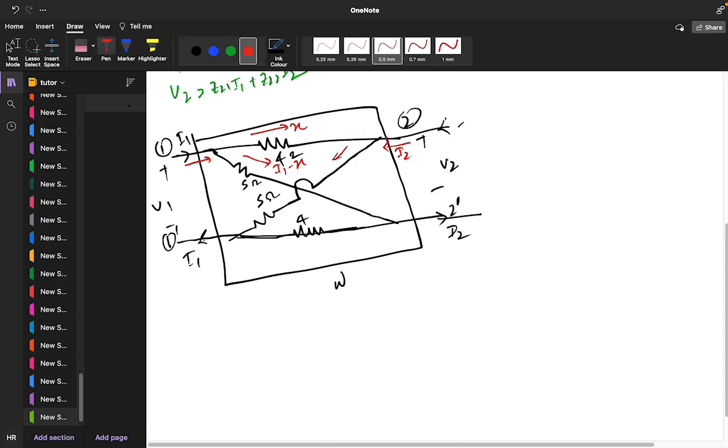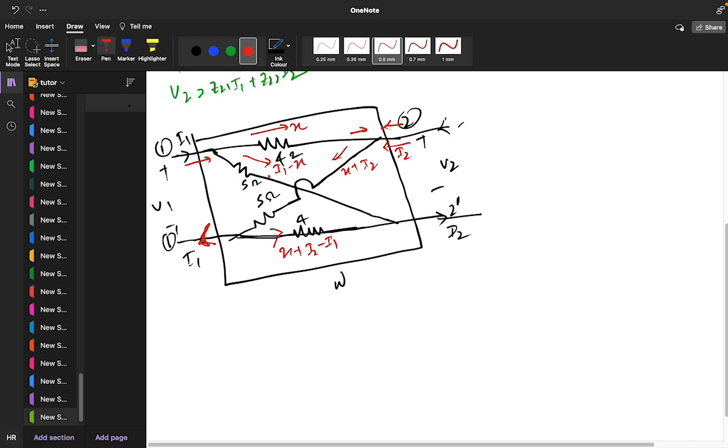X is coming and I2 is coming, so X plus I2, because both enter here. This is leaving, so X plus I2 minus I1.